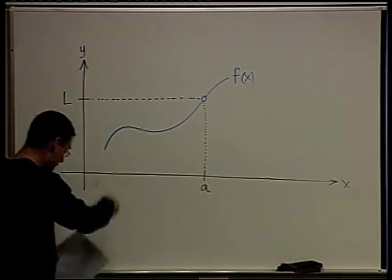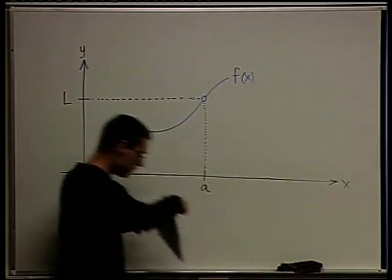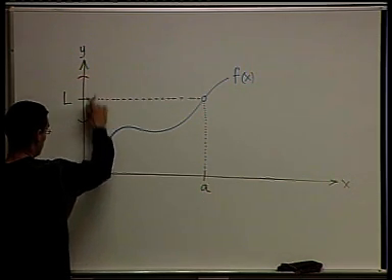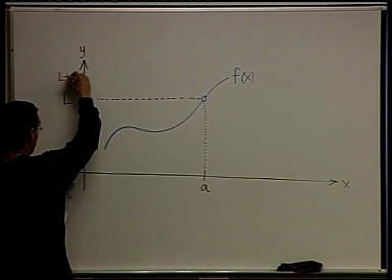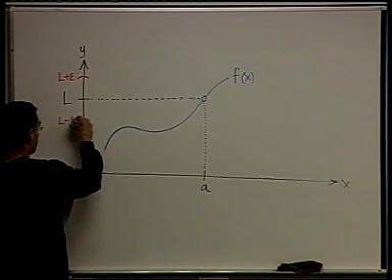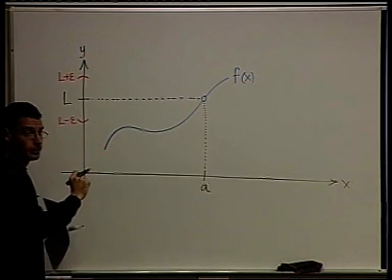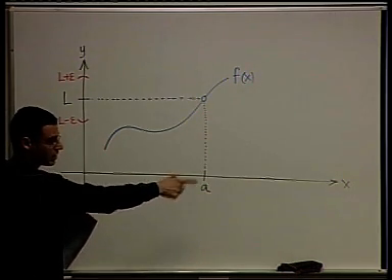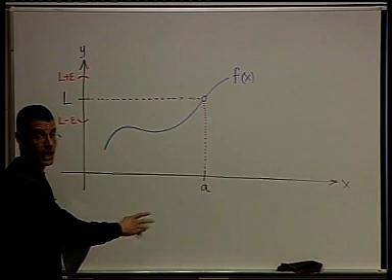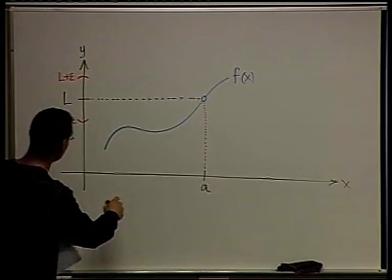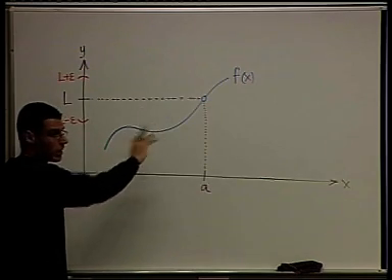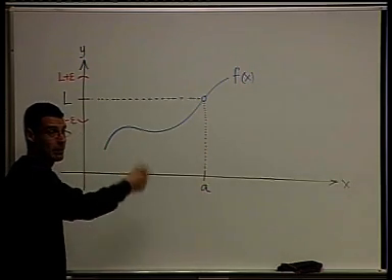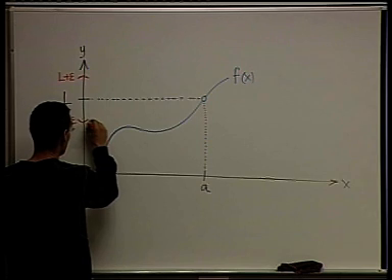Okay? For any epsilon, let me draw it. So this is going to be epsilon, this is going to be L plus epsilon, and this is going to be L minus epsilon. For any epsilon, there exists a delta. Delta lives on the x-axis. It's related to the x's, not to the f of x's. Do you see that? There exists a delta, and look at the picture now. Don't try to draw it. Just look at it for a second, so you can see the dynamics of things.